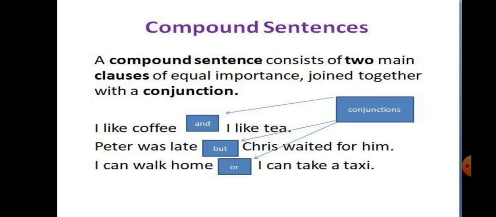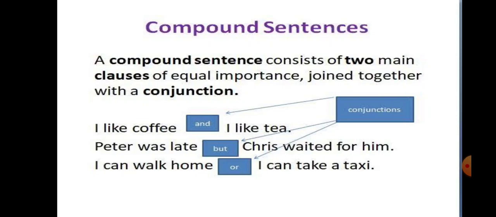A compound sentence has two or more independent clauses. As you can see, the first sentence: I like coffee and I like tea. The parts "I like coffee" and "I like tea" are both independent clauses, and we use a coordinating conjunction to join both independent clauses.